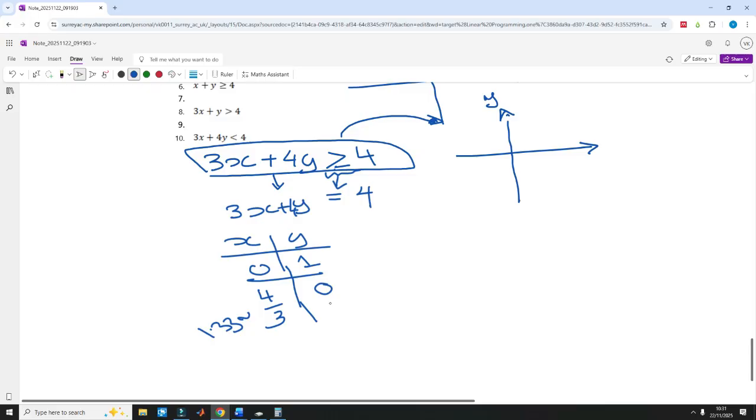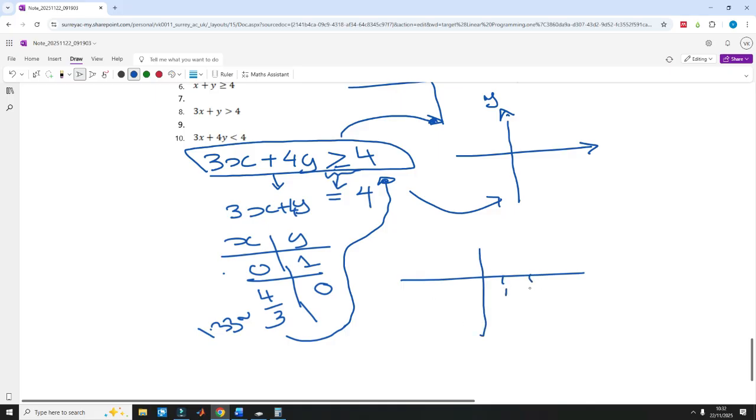So how do we represent this linear inequality in the xy graph? All you need to do is take these values, 0 comma 1 and 1.33 comma 0, and just plot them. Let's say this is 1, 2.